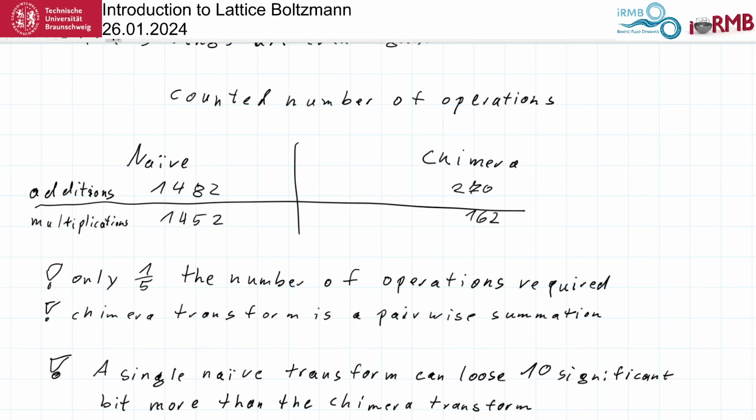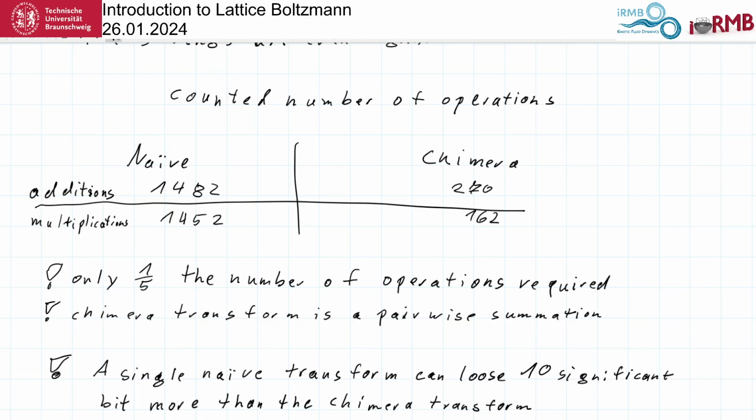Ten significant bits is, 2 to the power of 10 is 1,000, I believe. So in decimal numbers, you're losing 3 digits every collision.